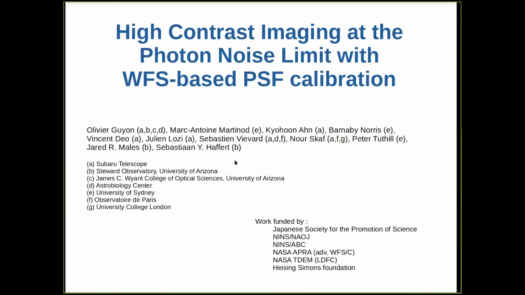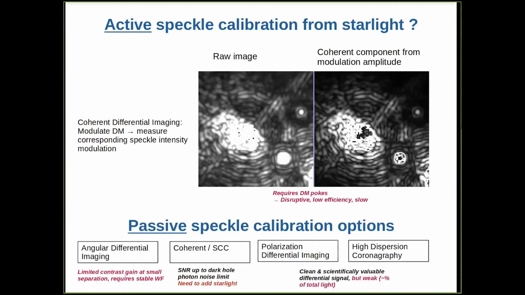So I'm going to talk about high contrast imaging at the photon noise limit with PSF calibration from wavefront sensor data. Here's the list of co-authors that have been working with me on this problem. In high contrast imaging, our main challenge is speckle noise. We have to find a way to calibrate them, to remove them from the data. There are various paths to doing that.